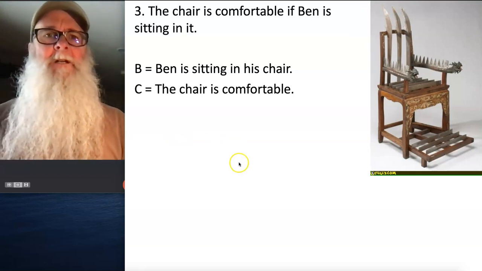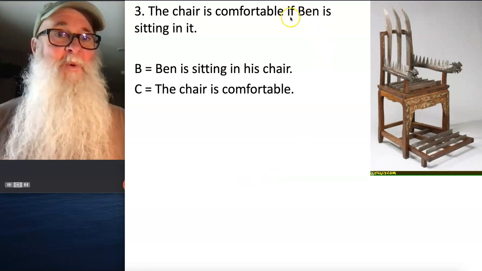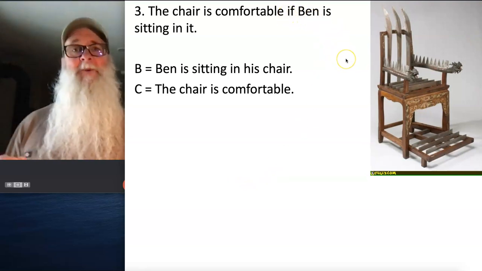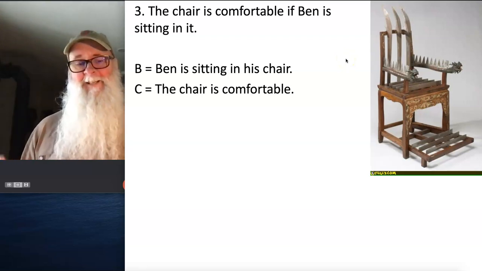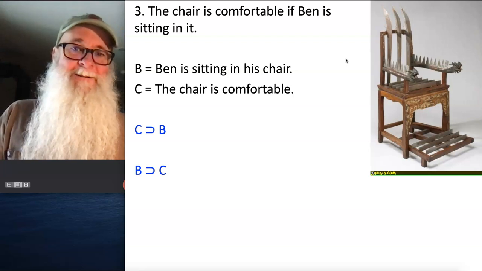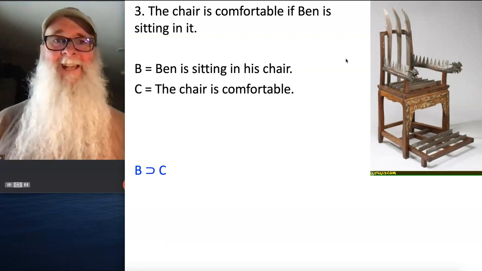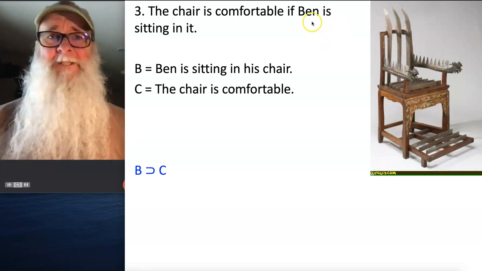Number 3, the chair is comfortable if Ben is sitting in it. Okay, if. Whatever follows if is going to appear on the left side of a horseshoe. Does that mean it should be C horseshoe B or B horseshoe C? It should be B horseshoe C, okay? So this is something we're going to be wanting to watch out for.